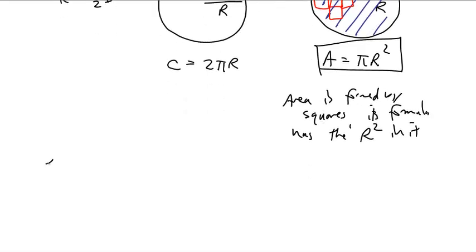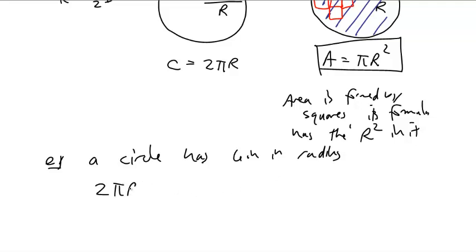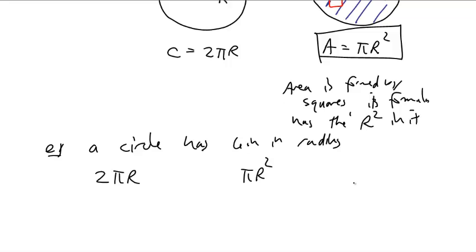Similarly, if I said a circle has 6 inches in radius, and you look at the two formulas, 2 pi r and pi r squared, and you can't remember which one is which. Well, you replace r with 6 inches. If you keep your units, then over here you get 2 times pi times 6 inches.